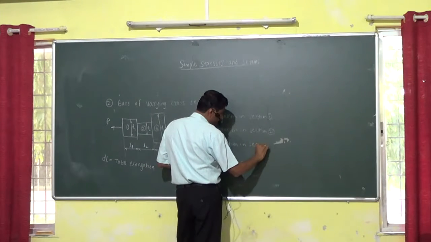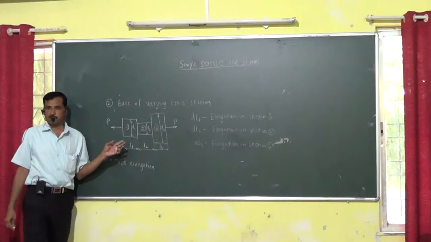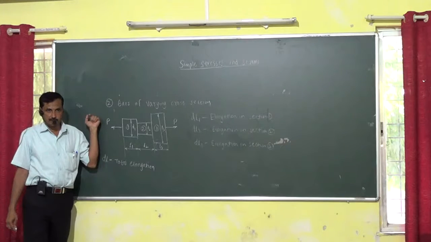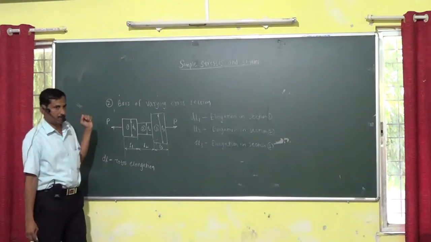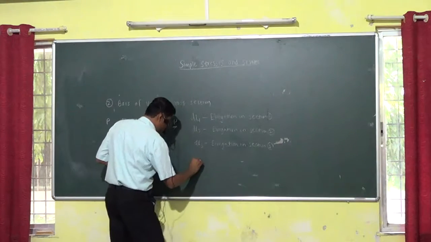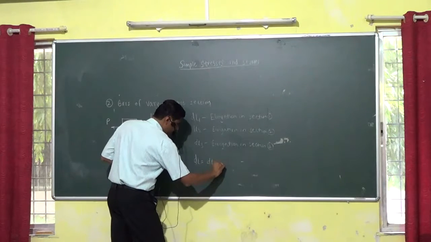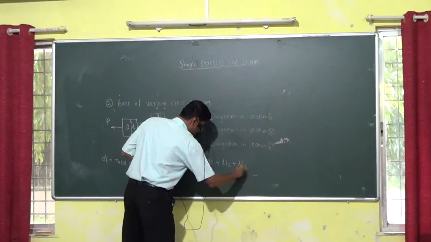Then the total elongation present inside this bar due to application of this tensile force P will be DL1 plus DL2 plus DL3.